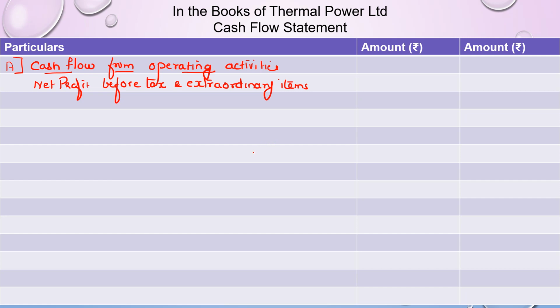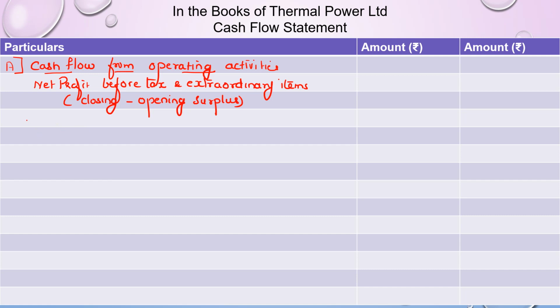Now here, because there was just difference in surplus which was to be taken, we are not going to prepare a separate working note. We will just write the closing surplus minus the opening surplus as the difference. That amount would be taken into here.